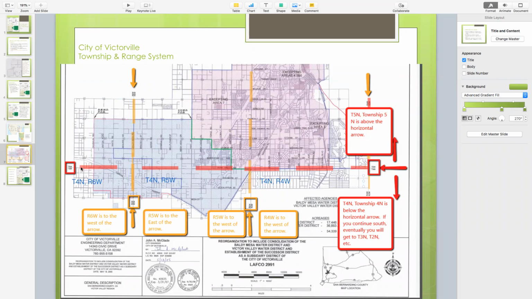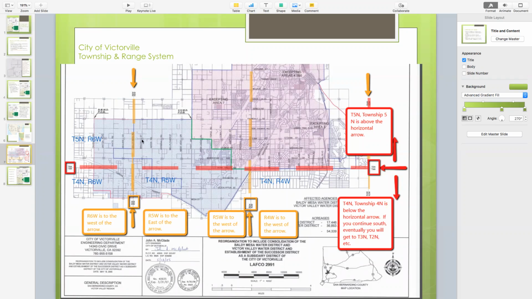If we were to move north of our red line, we would be in Township 5 North. How do I know that? Because here is our Township 5 North, and we are in Range 6 West, because I look here, 6 West, okay?